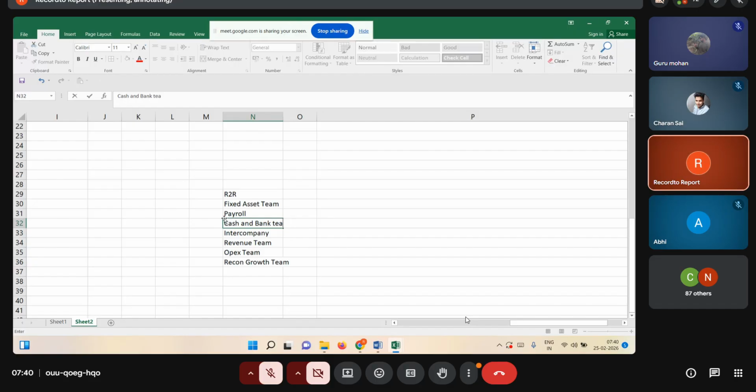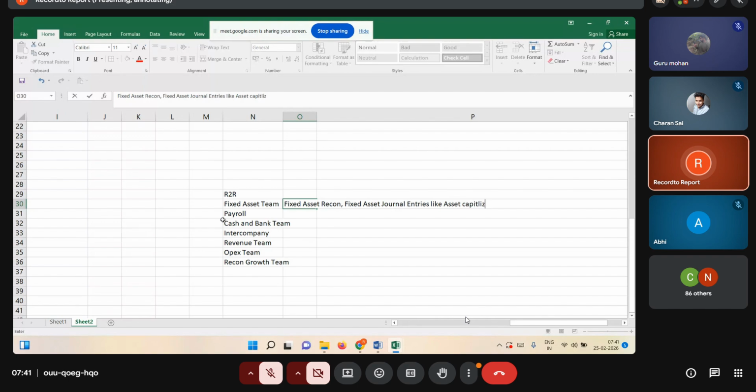See, if you get a chance to work on fixed asset, what type of reconciliations will you perform? Fixed asset recon and fixed asset journal entries. What are the fixed asset journal entries, guys?